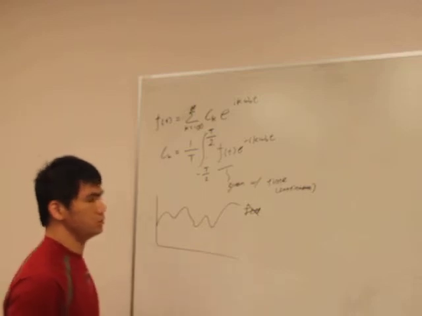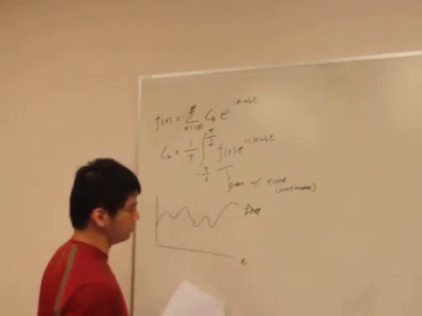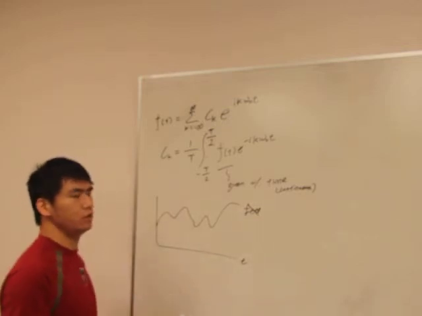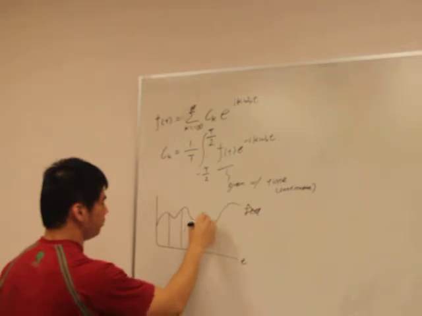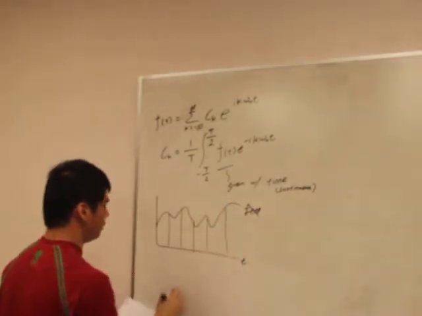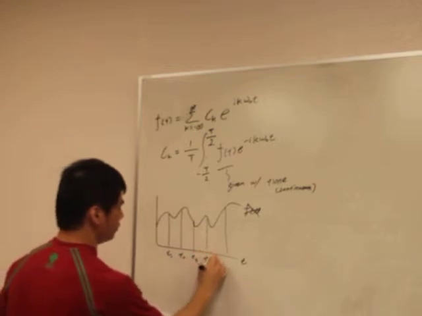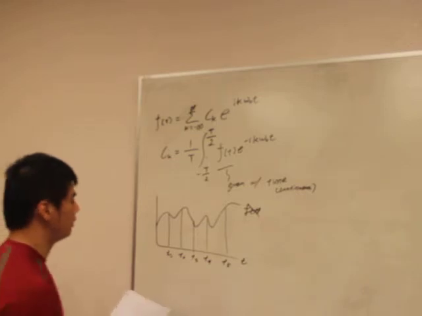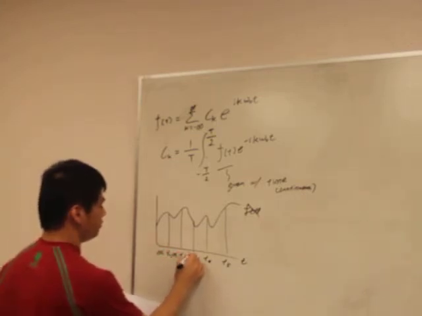What discrete means is just you don't have time that's continuous. You take samples of the whole thing. If you take samples at discrete points in time, we have t1, t2, t3, t4, t5. Each time we have delta t in between.